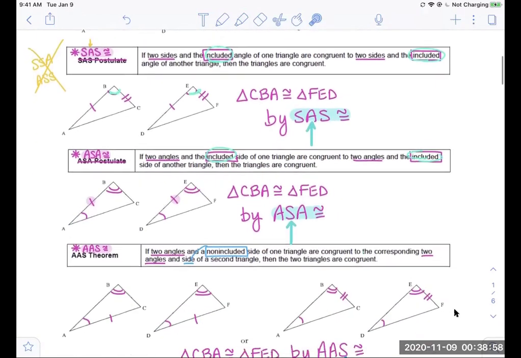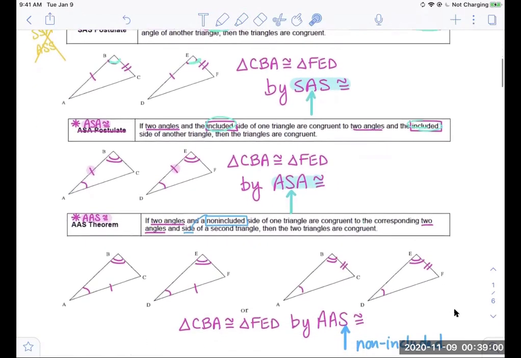All right, and then the next general one is called angle, angle, side. Now for angle, angle, side, it's still going to be 2 pairs of angles and 1 pair of sides, right? 2 A's and 1 S. However, this time it's 2 pairs of angles, and then it's 1 side that's not the included side.